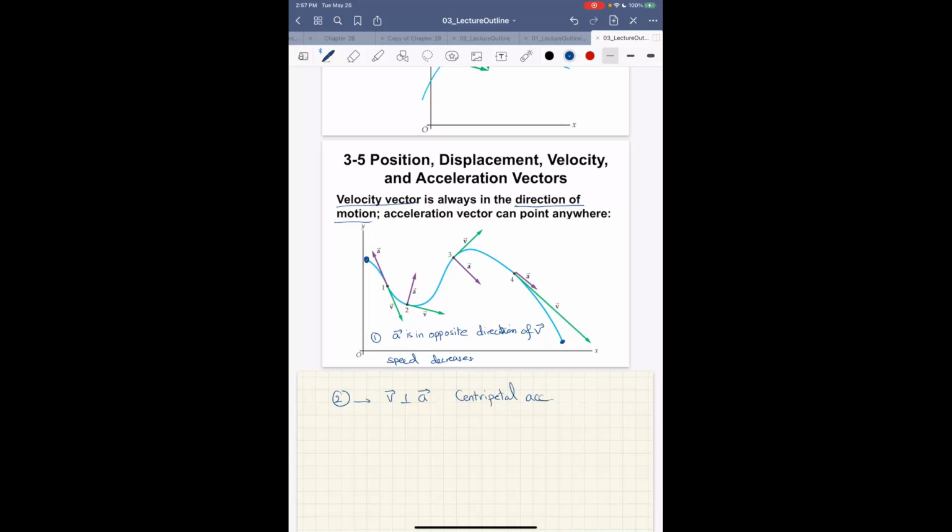It is needed so that the object stays on the curve without changing its speed.